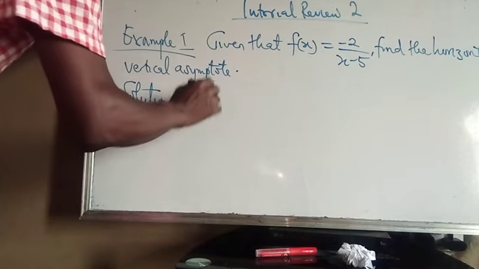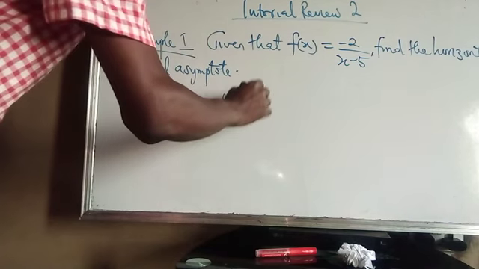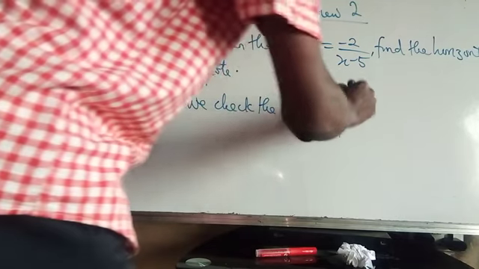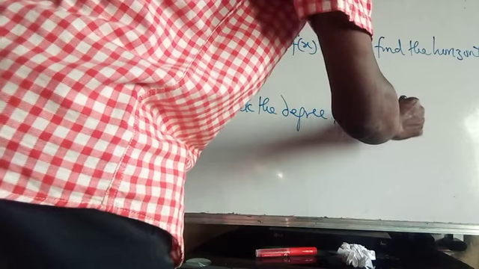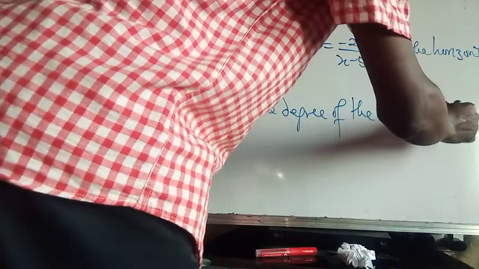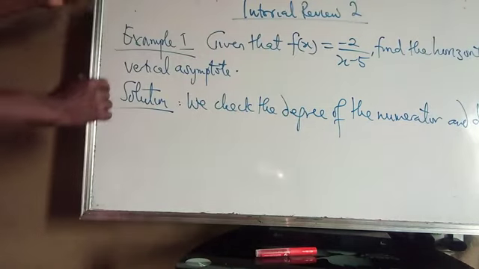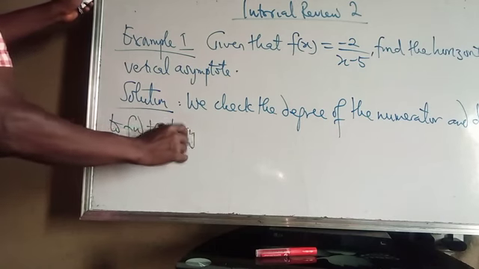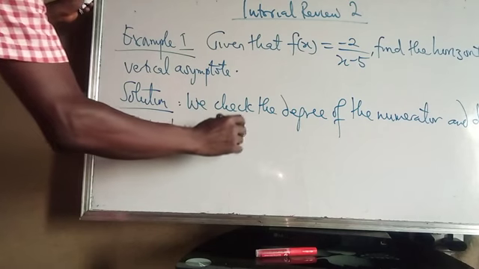We check the degree of the numerator and denominator to find the horizontal asymptotes.